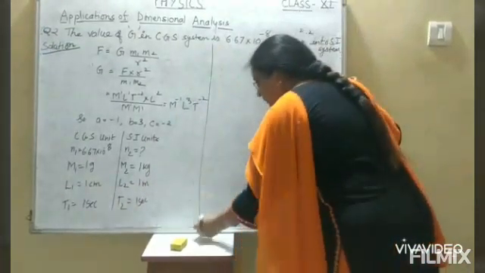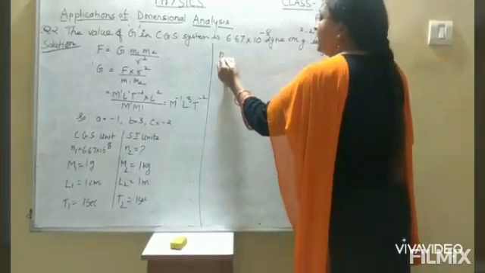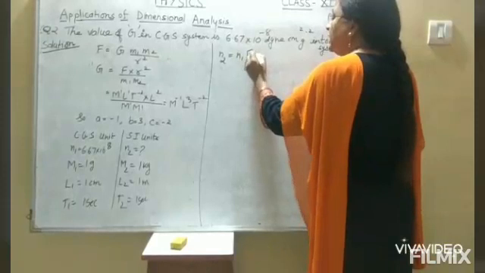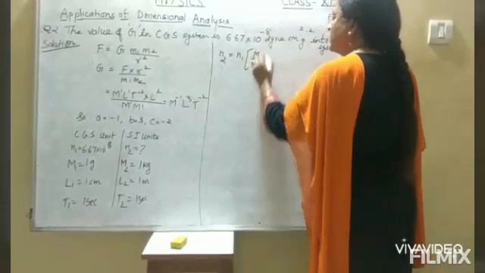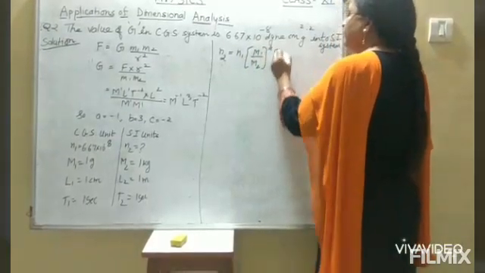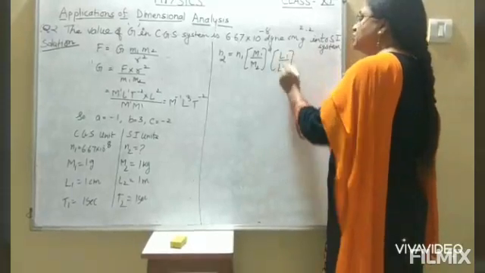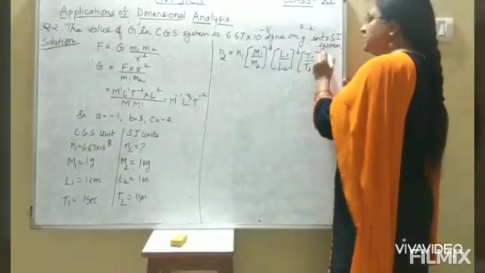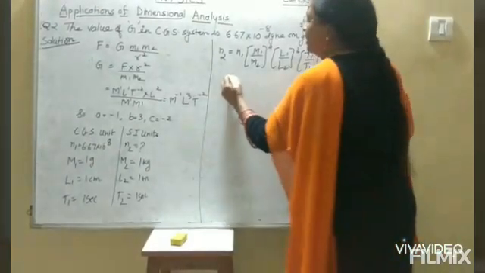Now what we will do? We will write the formula, which we already know: n2 is equal to n1 (M1 upon M2) raised to power a into (L1 upon L2) raised to power b into (T1 upon T2) raised to power c, and put all the values.